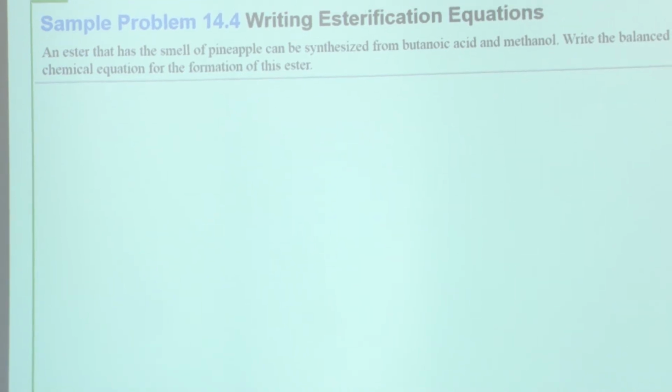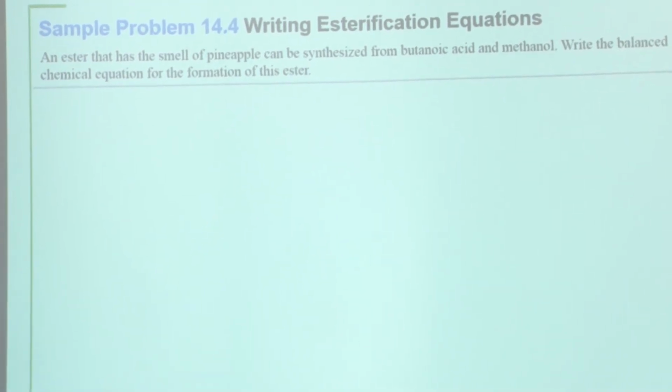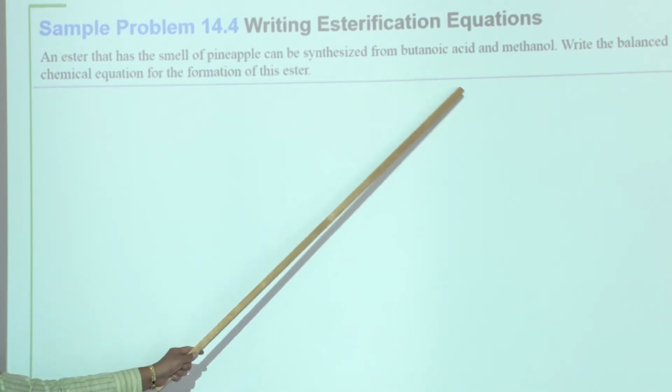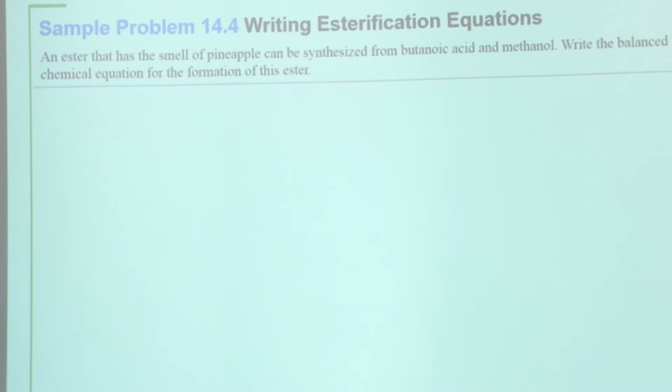An ester that has the smell of pineapple can be synthesized from butanoic acid and methanol. Okay. So butanoic acid is an acid with 4 carbons. Methanol is an alcohol, methane with 1 hydrogen replaced by the hydroxyl group.